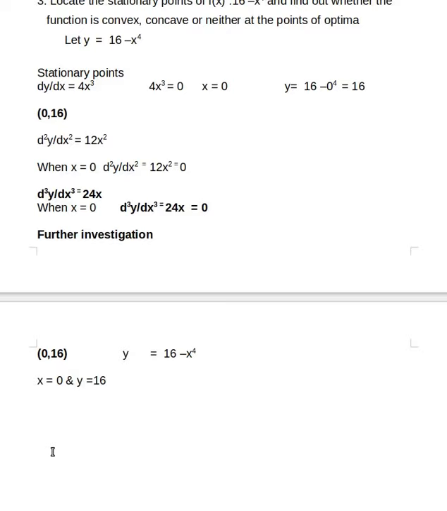Since x is equal to 0, we check new x equal to 1 and new x equal to minus 1, and substitute these values into the original function. Y is equal to 16 minus x raised to 4.